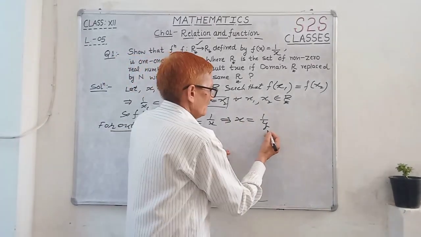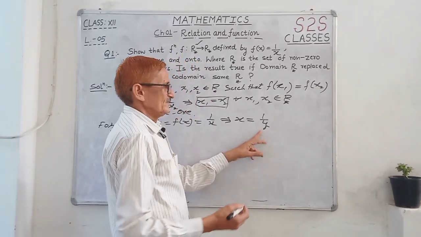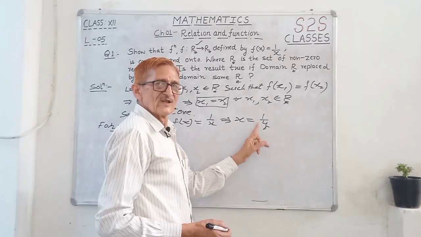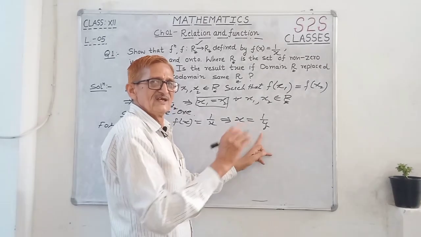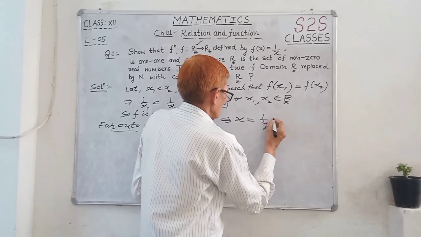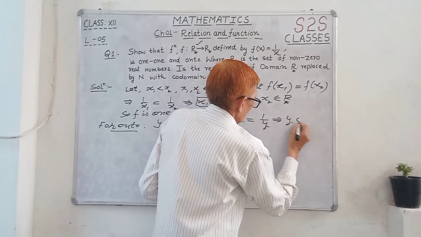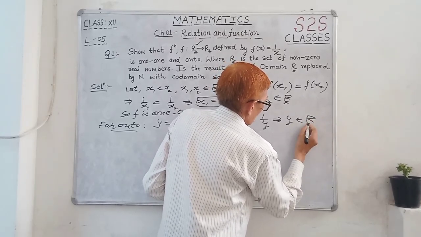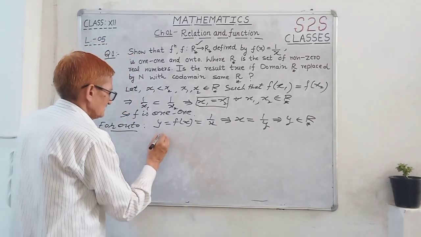Then here y should not be 0, except 0 any other real number, maybe negative, maybe positive, any real number is possible. 1 upon any real number, maybe positive, maybe negative, will be a real number except 0. So this implies y also belongs to real numbers except 0.